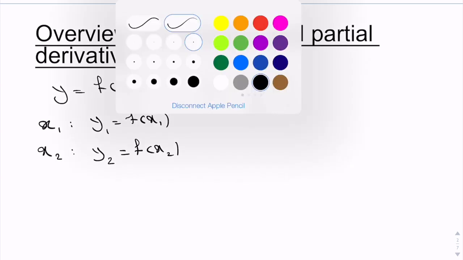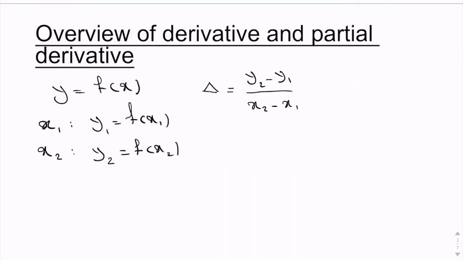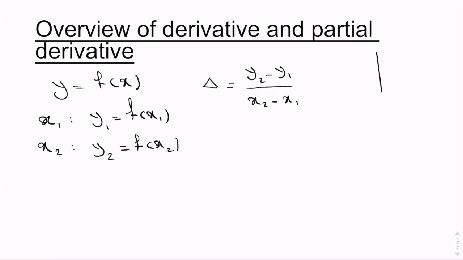In other words, if I have a graph like this in the Cartesian plane, consider this point is x1 and this point is x2, and on the y-axis, this is y1, and this is y2.